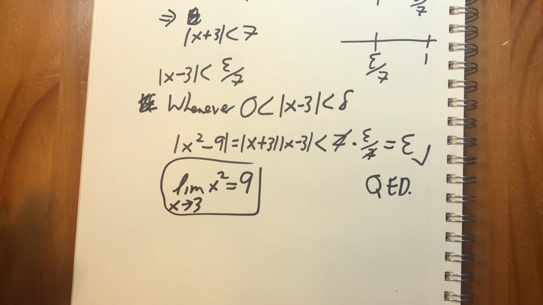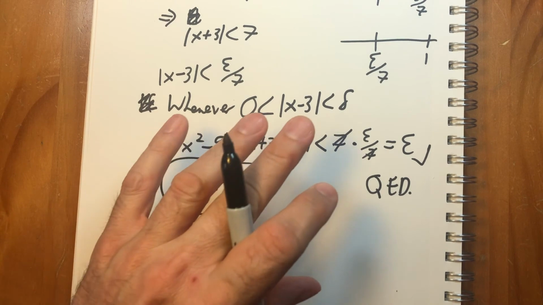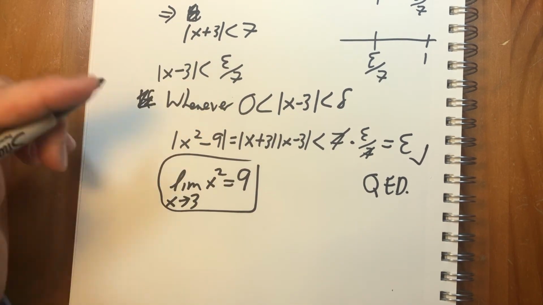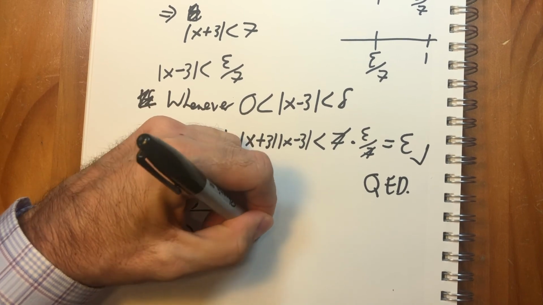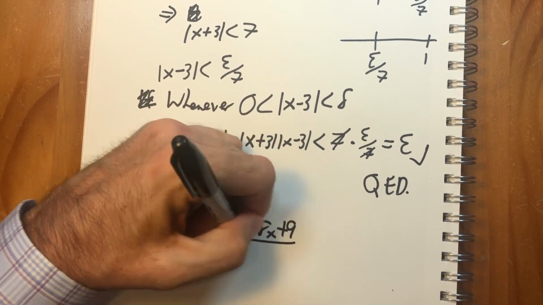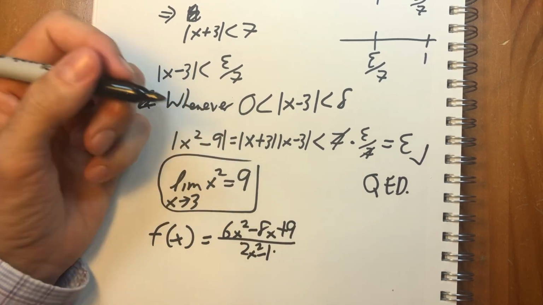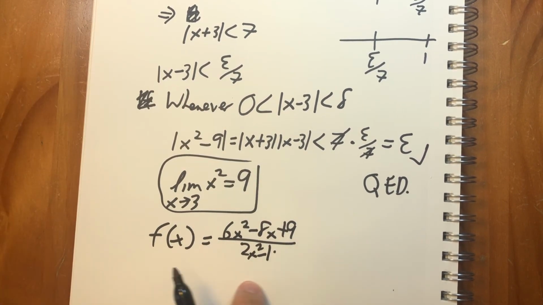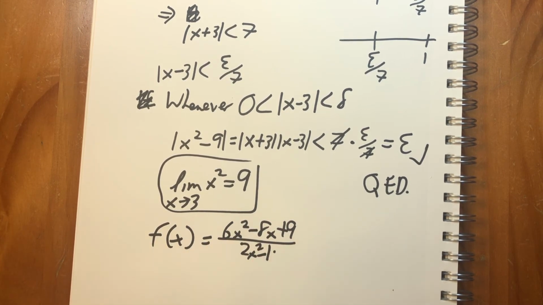So this example shows that it's actually not always easy to prove a limit using epsilon delta. And if we had something more complicated, like 6x squared minus 8x plus 9 over 2x squared minus 1, for instance, it would be very difficult to figure out how we would manipulate this in order to get it back to something that's in terms of delta.